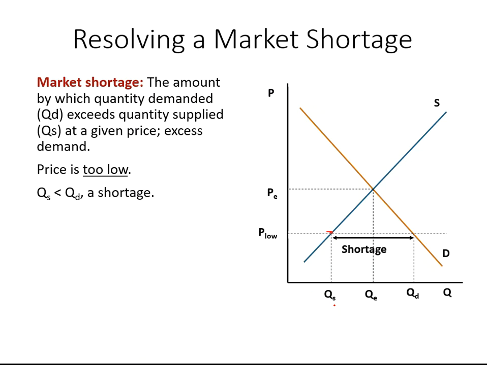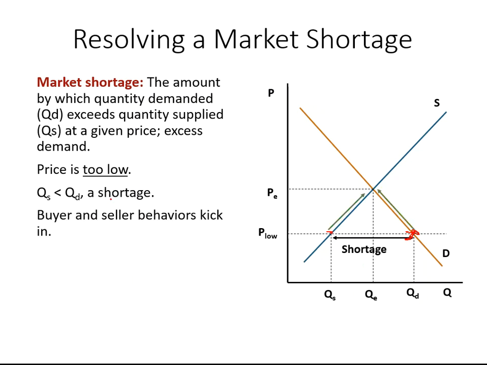So under P low, how much the producers want to produce is QS. However, at P low, the intersection with the demand curve gives this point, and the horizontal value is QD. So under P low, the quantity demanded is here. Obviously QD is larger than QS, so that is called a shortage.